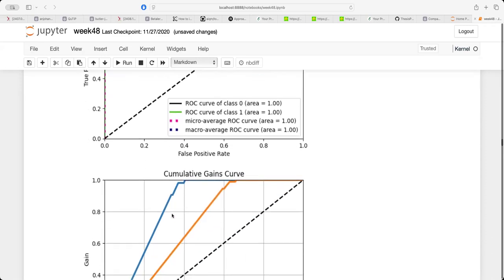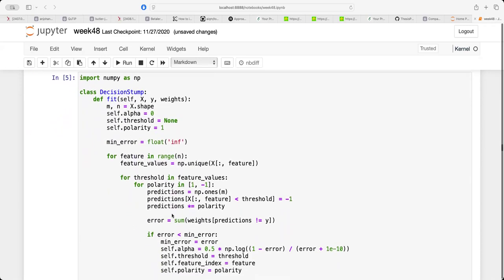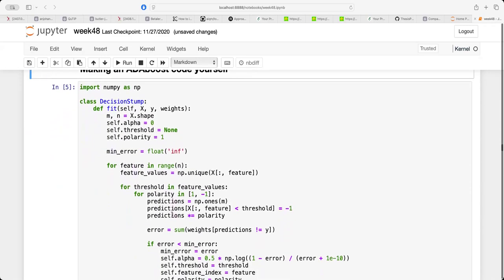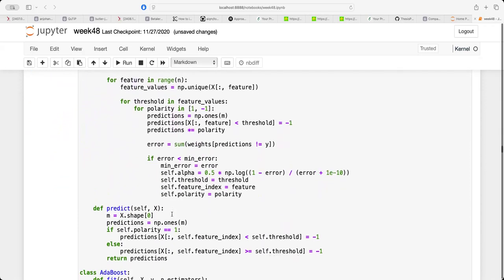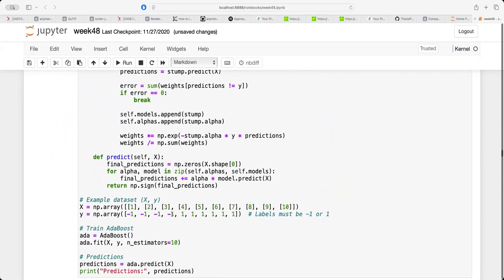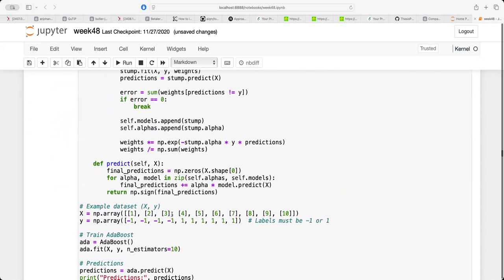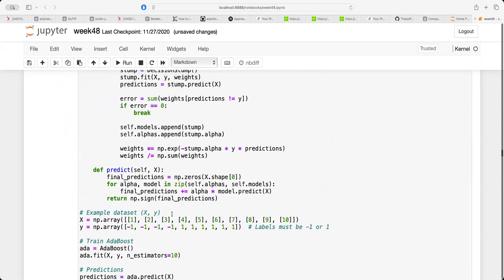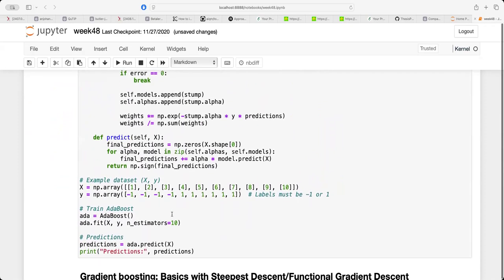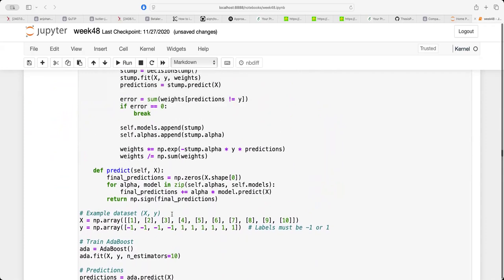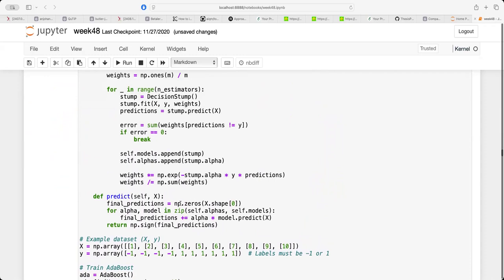Then, if we move down, this is a code for doing it yourself on some simple data. Actually, I had my own code first, but then I asked ChatGPT. And this function is actually generated with ChatGPT, and it does a pretty good job. You will see the basic steps, which simply follow the algorithm which we set up before the break.